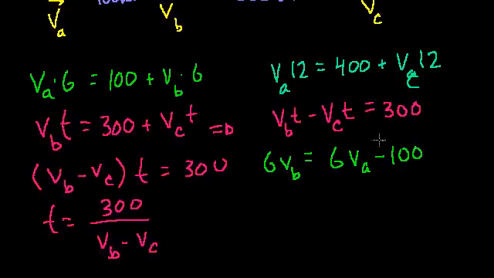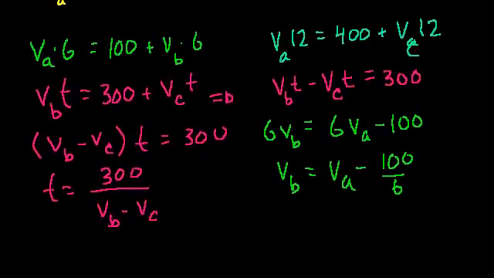All I did is I subtracted 100 from both sides of this equation, and I swapped the sides. Divide both sides by 6, you get the velocity of Bill is equal to the velocity of Alice minus 100 over 6. 100 over 6 or 50 over 3. I'll just keep it as 100 over 6. Fair enough.